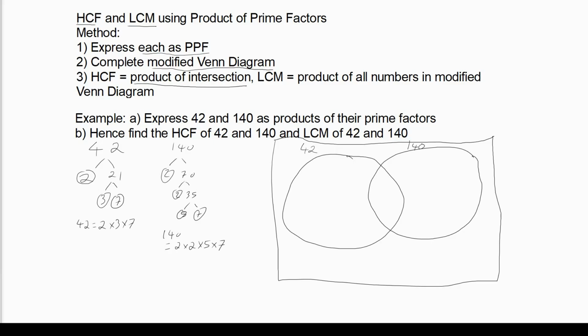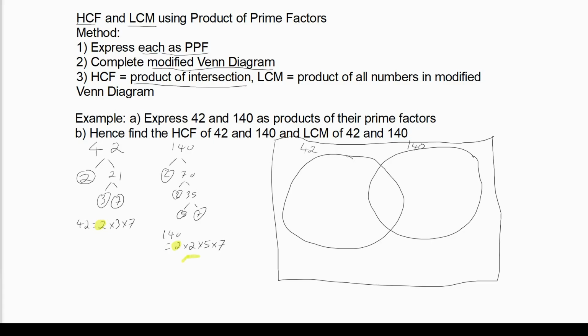And first of all, I'm going to fill in the intersection. To do this, I need to look at the prime factors which occur in both of the prime factorizations. 42 is 2 times 3 times 7, 140 is 2 times 2 times 5 times 7. So I can see straight away that there's one 2 which is common to both. I only highlight one 2 in each of the products because there's only one 2 in both of the products.